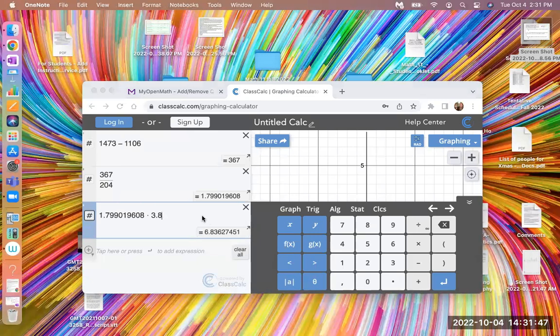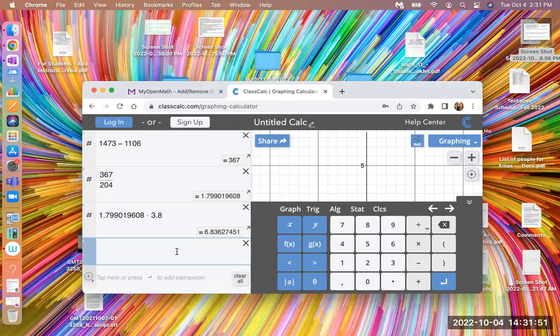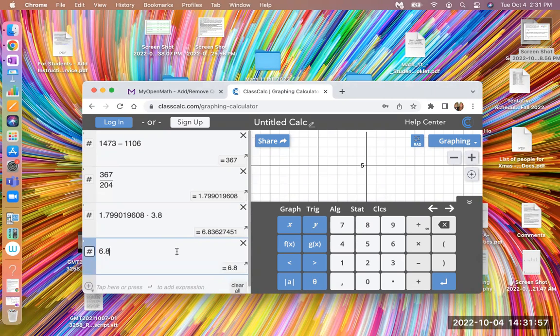So then I get that answer, I press enter, and then I can add 19.1. And I get 25.9, to one decimal place.